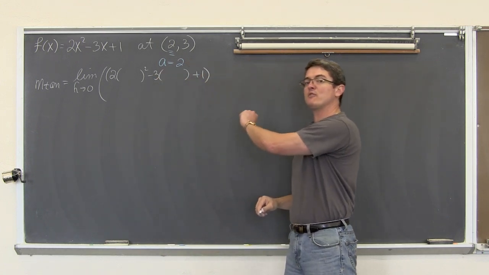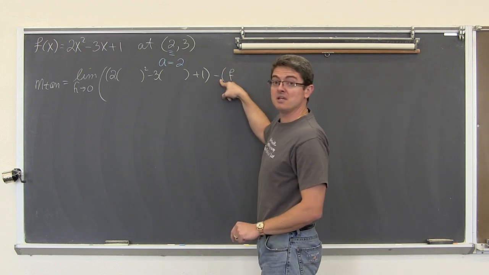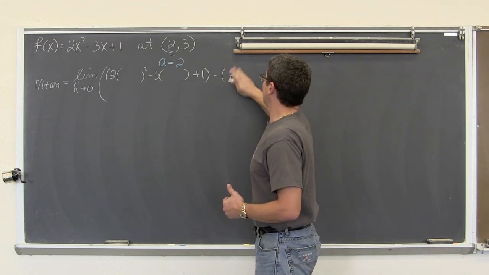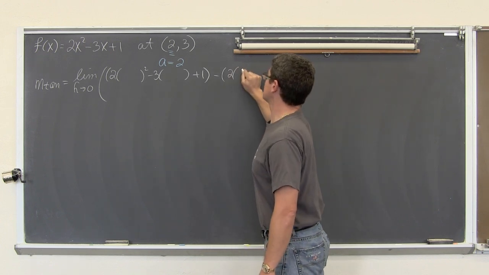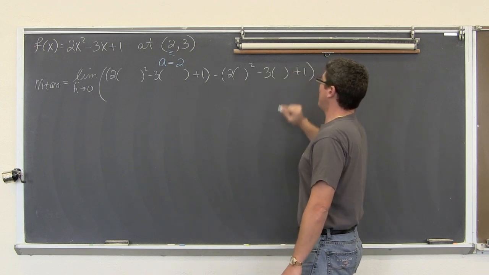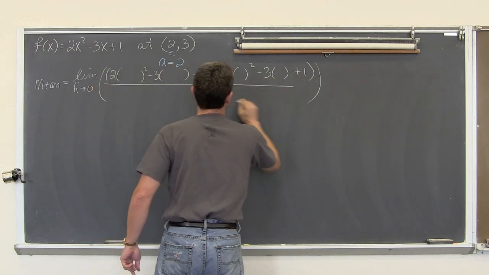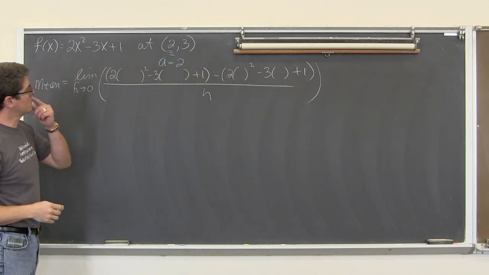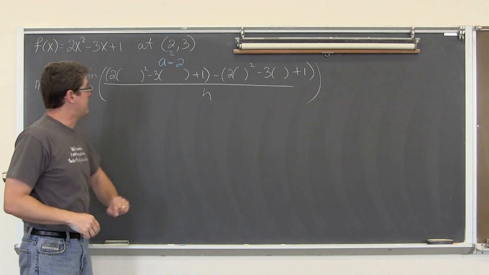That's going to be my f of a plus h minus f of a. So 2 times something squared minus 3 times something plus 1. All of that over h.